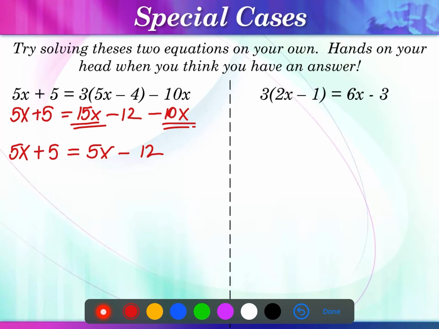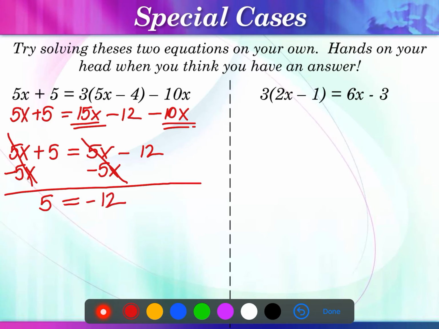So the rule says we'll move the smaller. If they're both the same, I guess it doesn't matter. So I'll take this one that's on the left and I'll move it to the other side. So I'll use subtraction. So this cancels. So 5 equals 5x minus 5x. Well, that's 0x. That cancels out. Don't write 0x, by the way. That just cancels. So the variable is all gone.